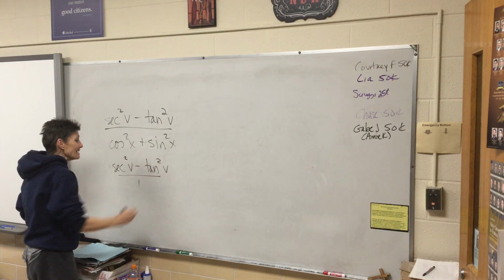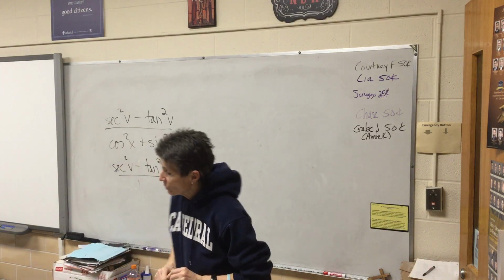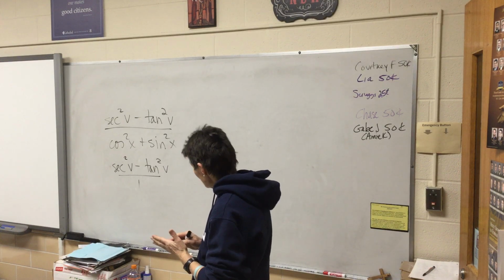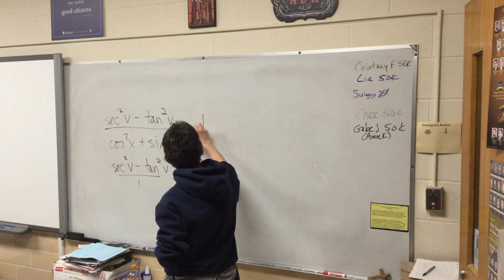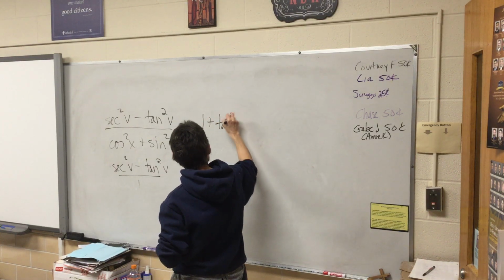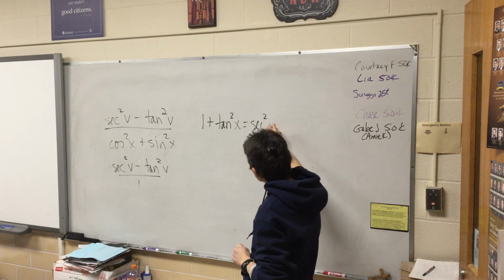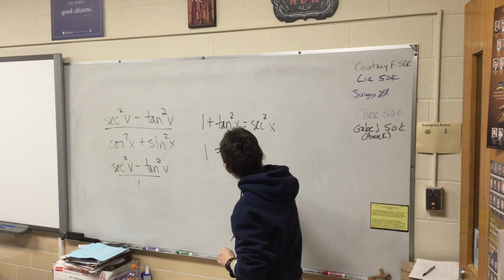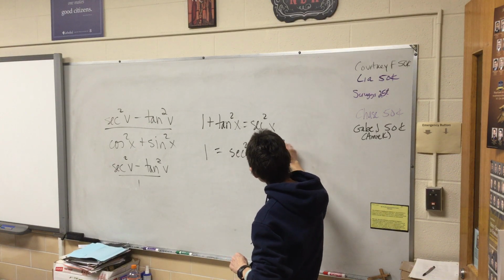Do you have any identities on that paper that have secant squareds and tangent squareds in them? Yes, you do, and in fact, we've already used it. The identity on the paper says 1 plus tangent squared is secant squared. But if you subtract tangent squared from both sides, this is an identity, this is an equation, so I can subtract tangent squared from both sides.